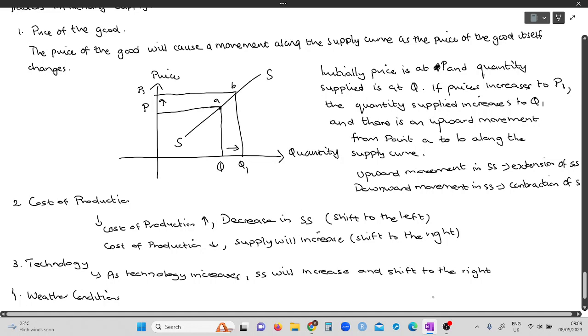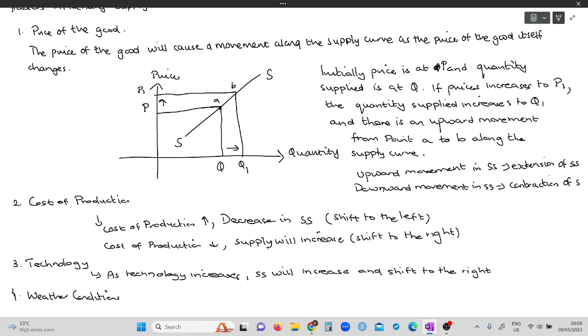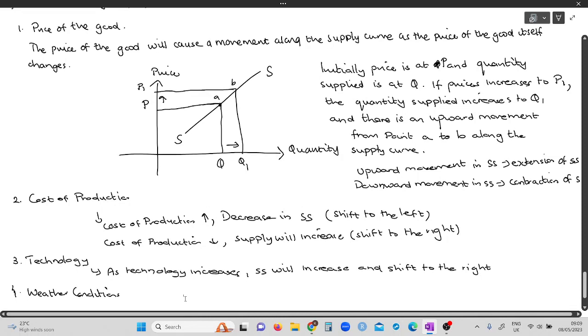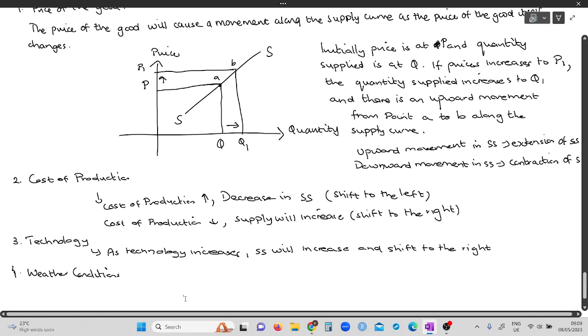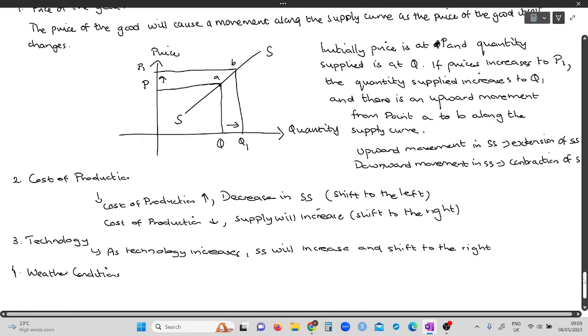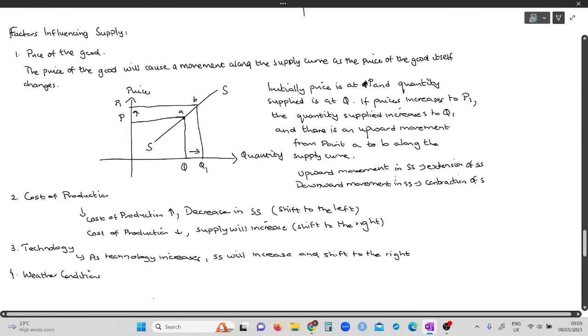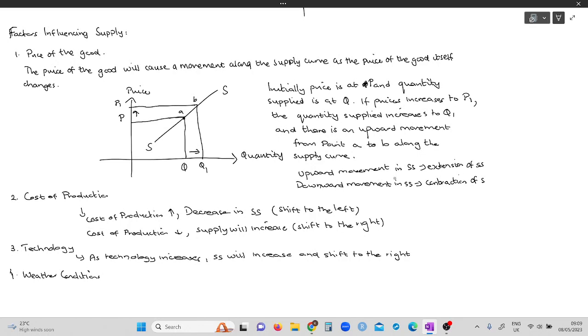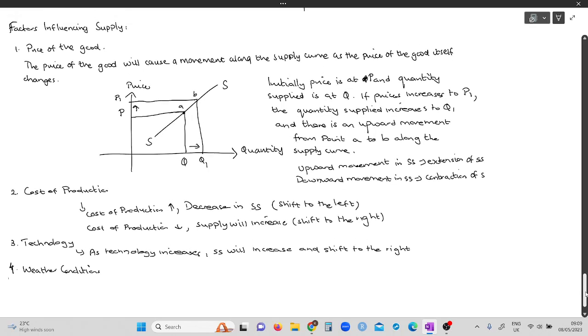So this was a bit on supply and weather conditions. Okay, so you can take that and then we continue. Let's write this part.